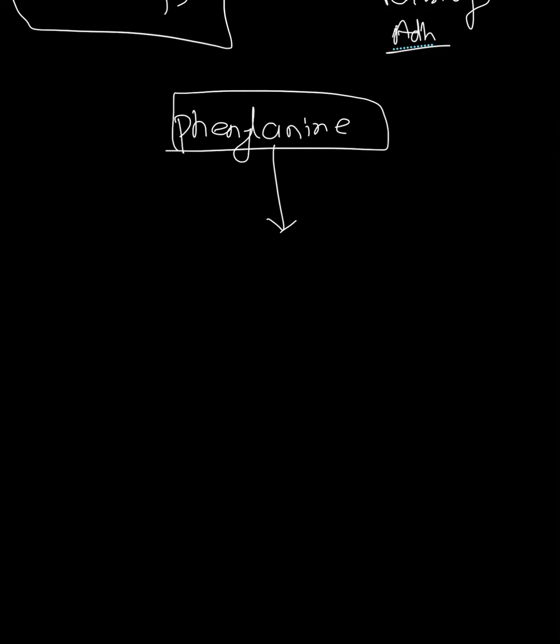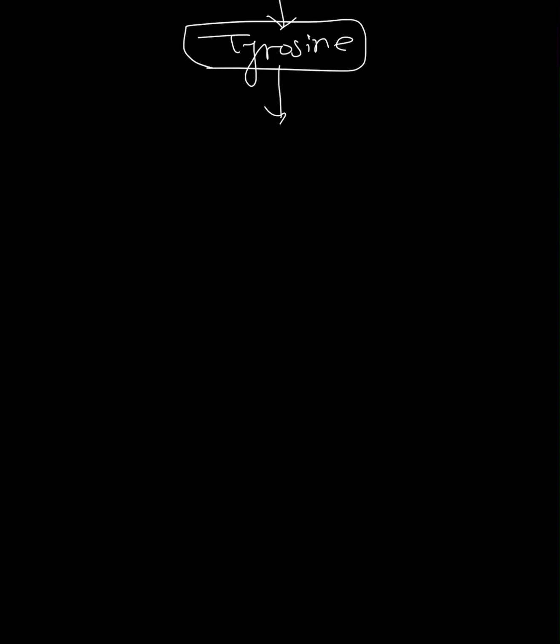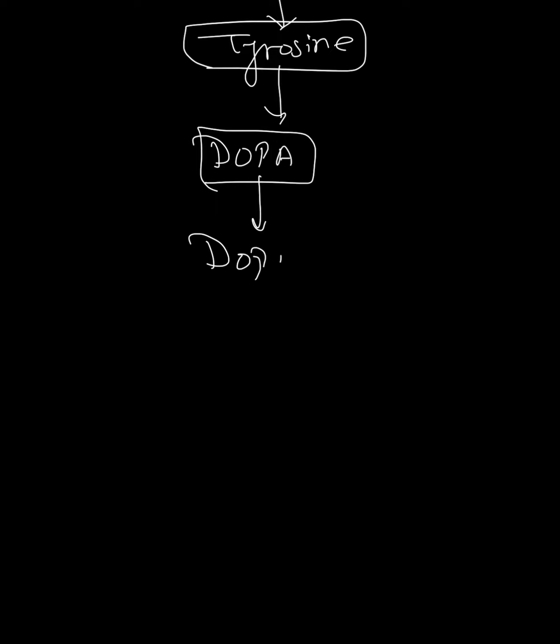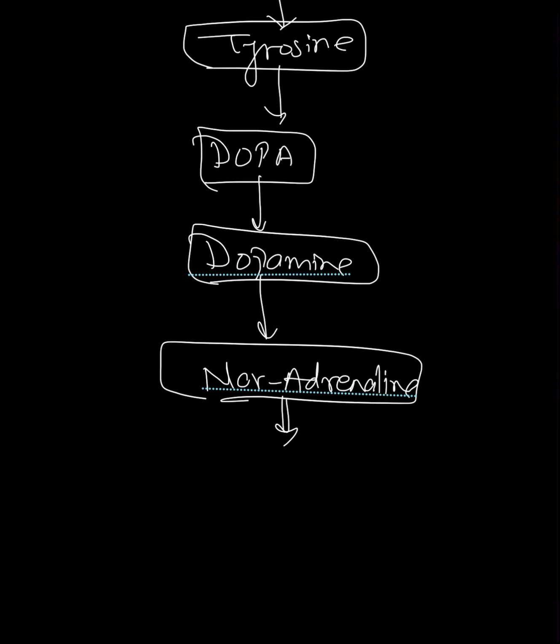Phenylalanine then comes into tyrosine, into dopa, into dopamine, then goes into noradrenaline, into adrenaline.